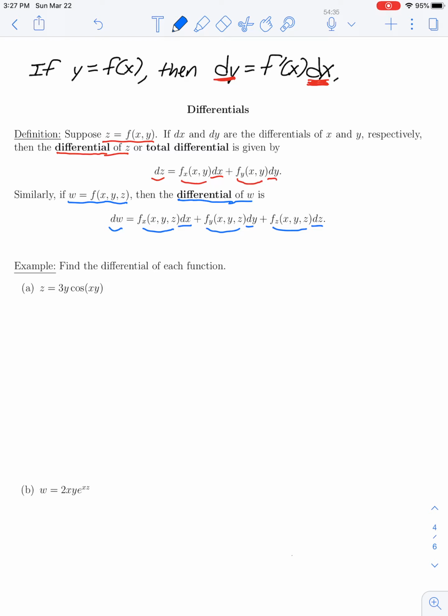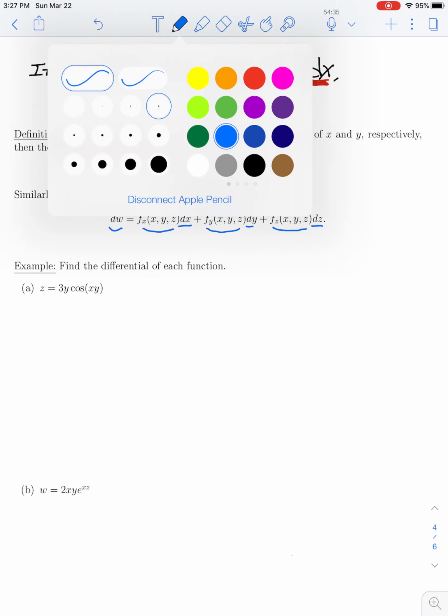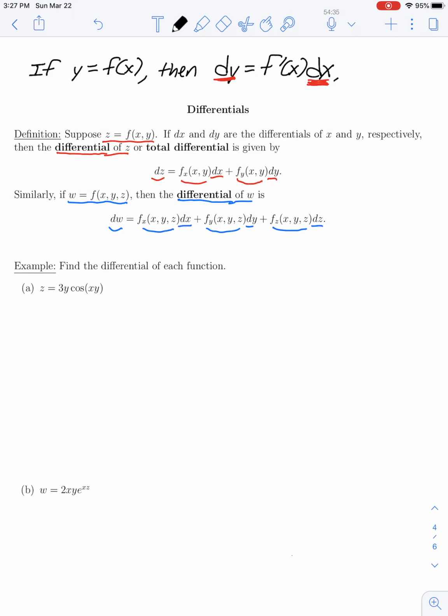Of course, we could extend this definition to functions of 4 or more variables, but in our course, we typically only work with functions of 2 or 3 variables.